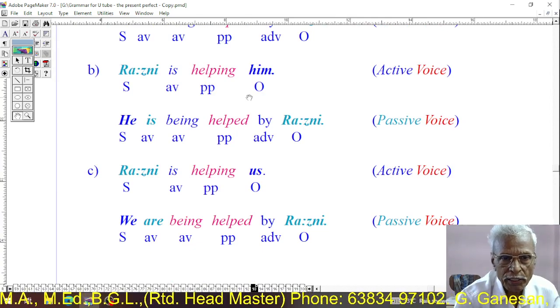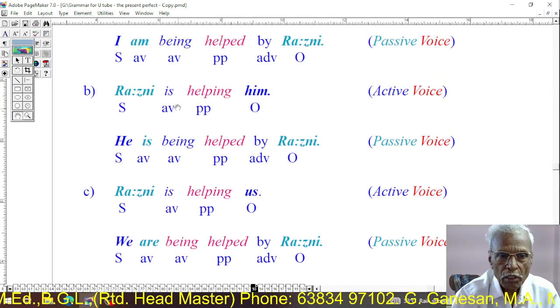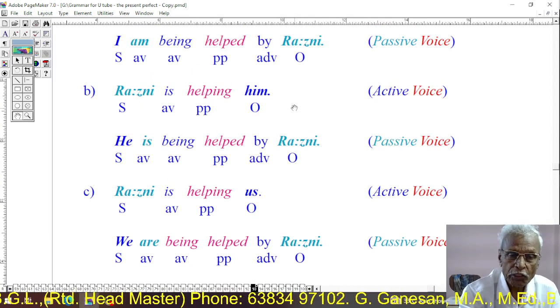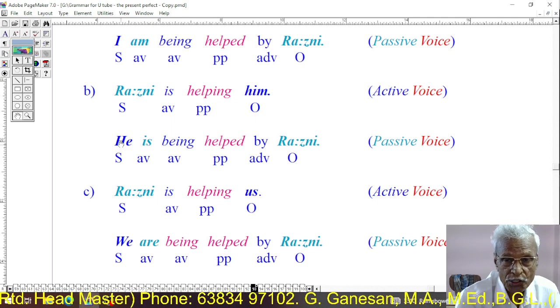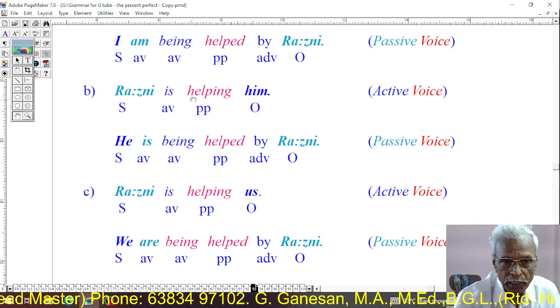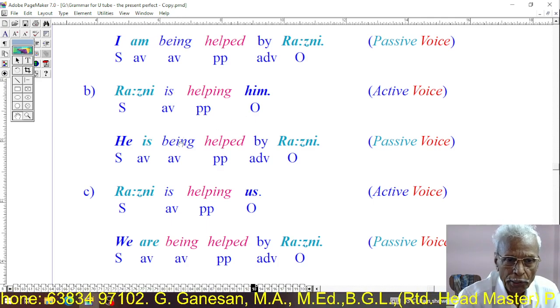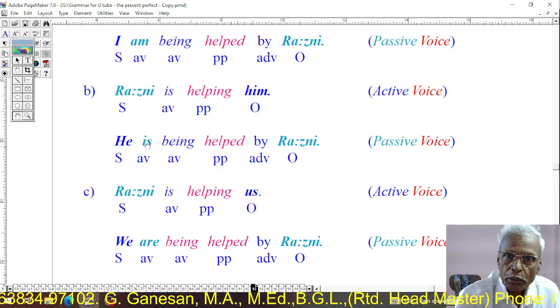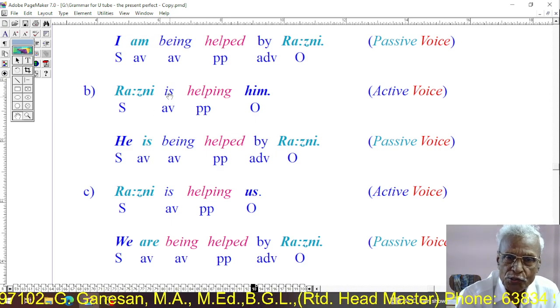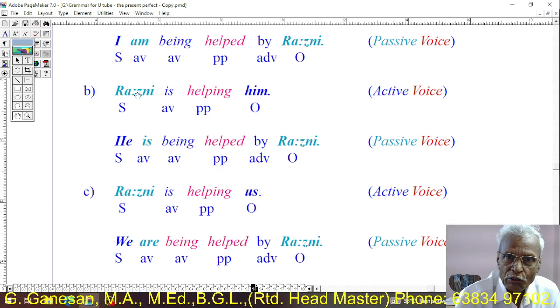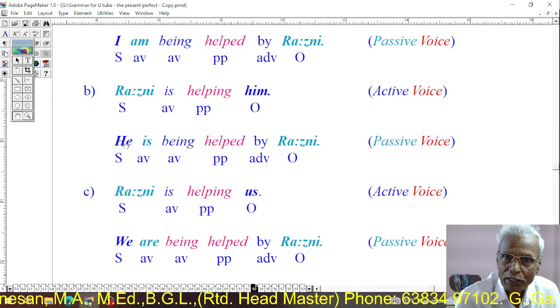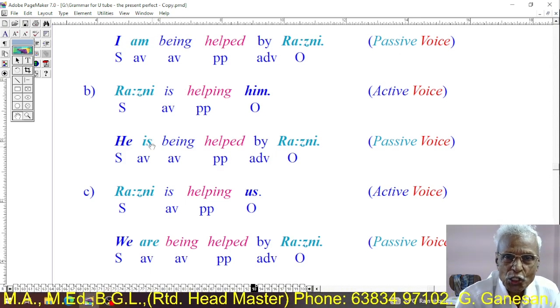Second example, Rani is helping him. Him, he is the subject. Rani becomes by Rani. Helping, helped, past participle. Then being. Then another be verb. Here is singular, she. Here also singular, he. So is is placed.